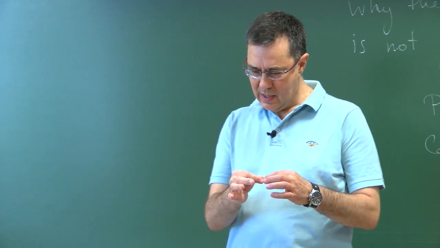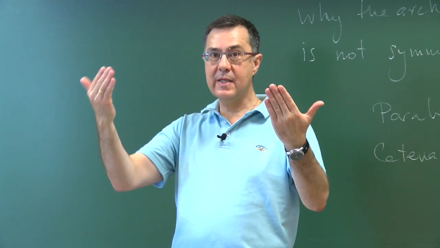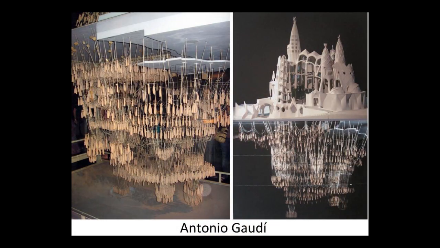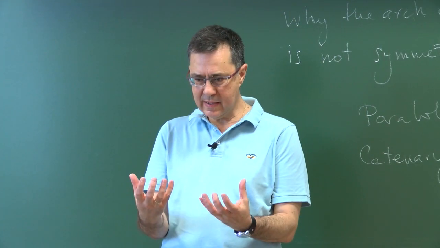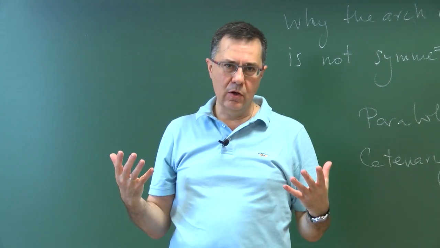That means that what you hold in your hands, this shape, if you turn it upside down, is the true arch. After that, many people used this knowledge. Gaudí, for example, was a master in using it. What hangs, if you turn it upside down, you get everything in compression.